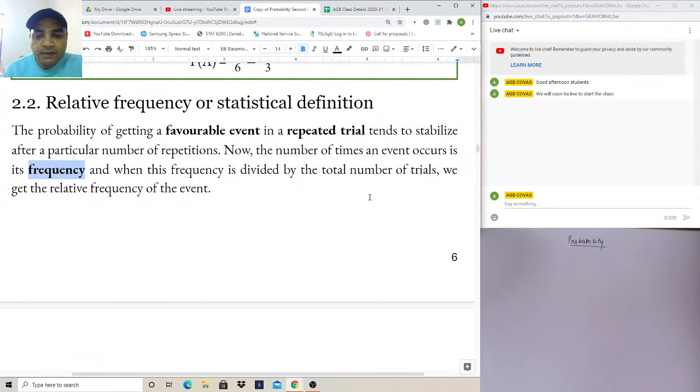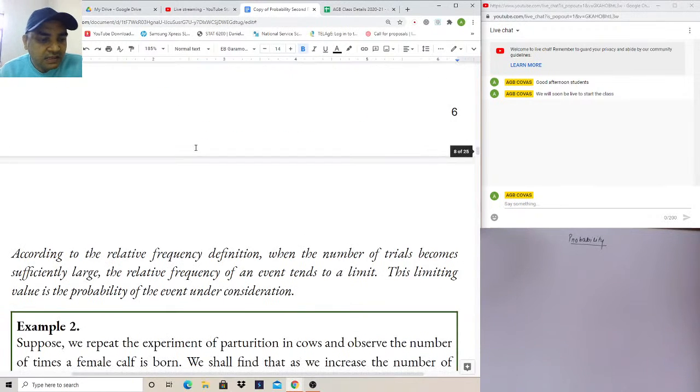So when it is divided by the total number of trials, we get the relative frequency. And this relative frequency is nothing but the probability of occurrence of that favorable event. So let us see how.